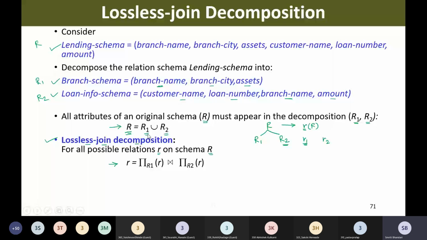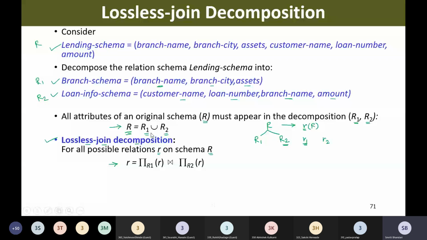So always R1 union R2 should give us the original schema R. And the second condition for lossless join decomposition is that r must be equal to the projection of r with respect to attributes of R1 and the projection of r with respect to attributes of R2.